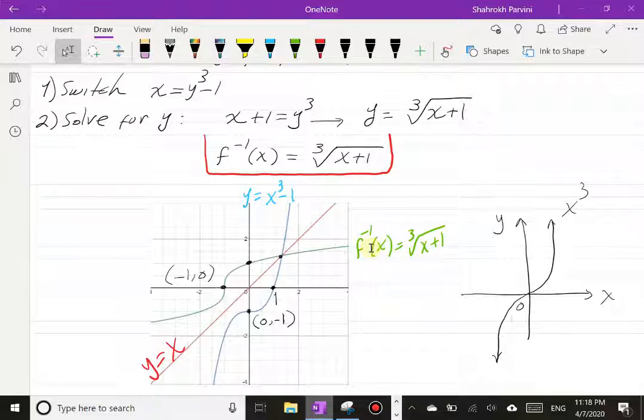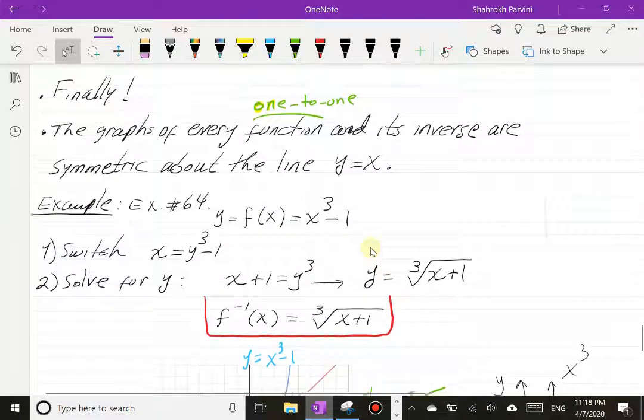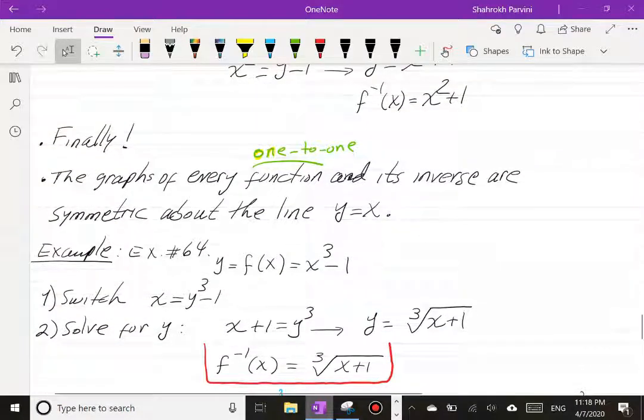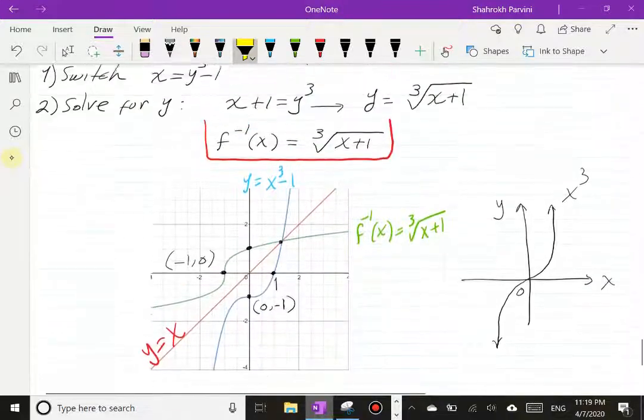But you can actually do this by reflection. Again, what we set up here is that the graph of every one-to-one function and its inverse are symmetric about the line y equals x, and it really means what you're seeing here.